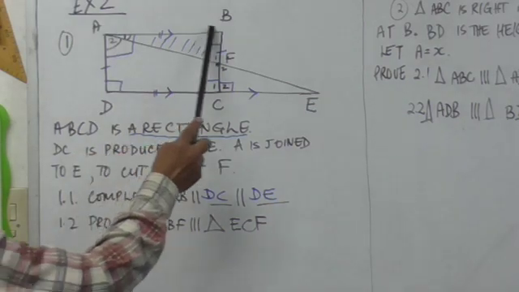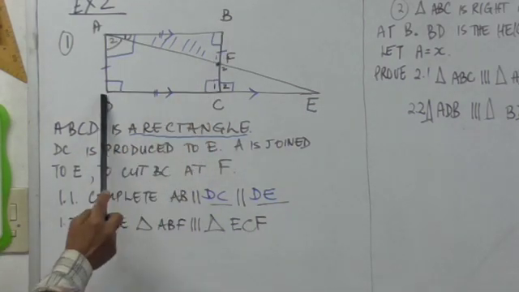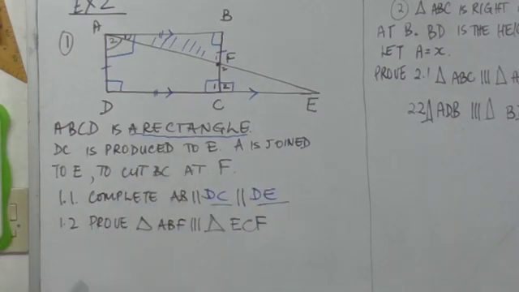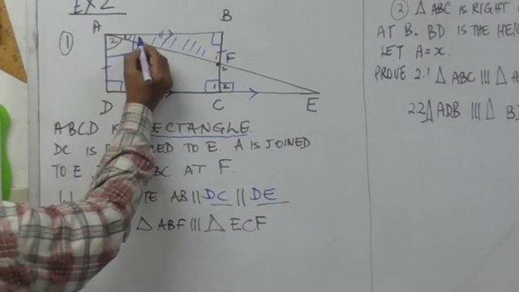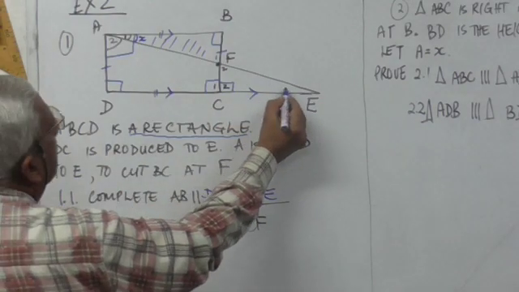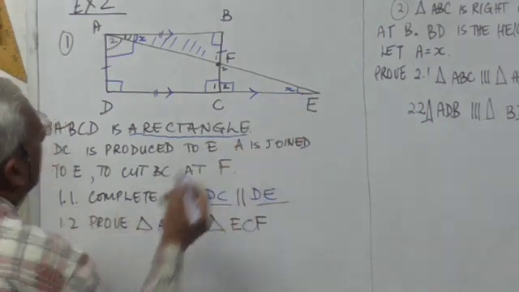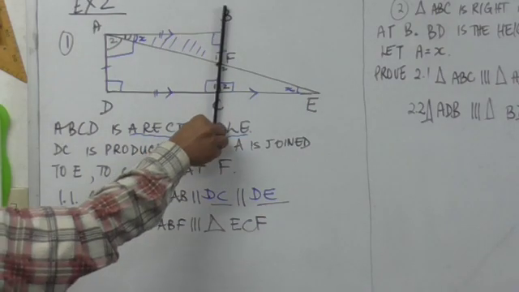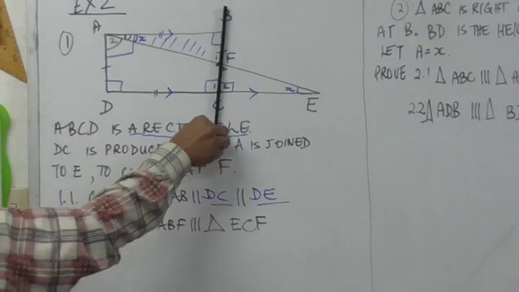This line is parallel to this line. Therefore, this angle here is equal to this angle here, alternate angles. So now we have 90, X, 90, X. Also another thing, this is a straight line because it is one side of a rectangle.